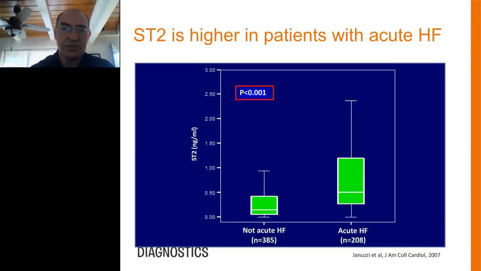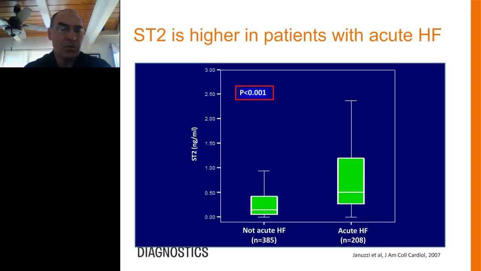Now, this is using a research use test, and it turns out that we didn't know it at the time, but there were some analytical issues, some performance characteristics that were not ideal with those research use reagents, but we needed to use them to get a better understanding of the clinical context and the clinical value of the biomarker.